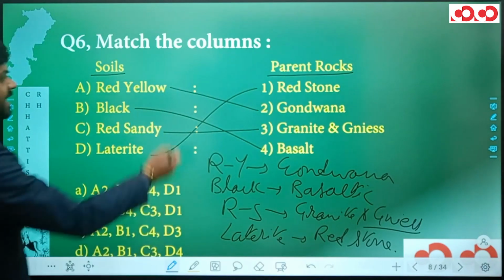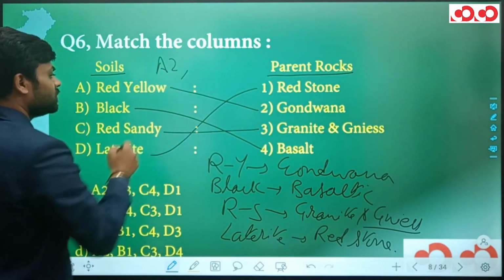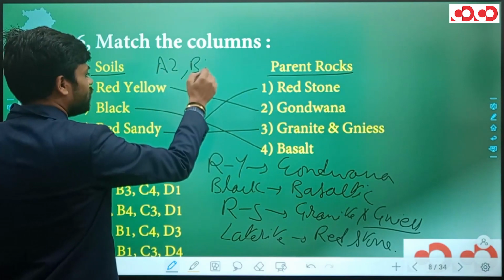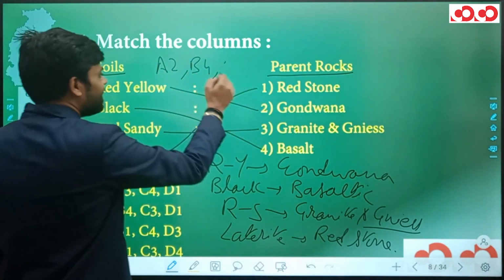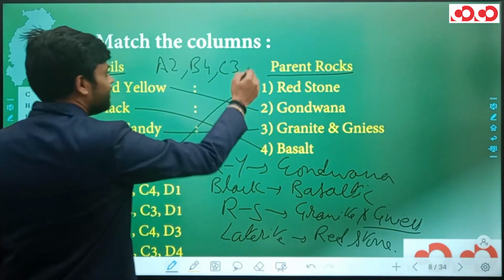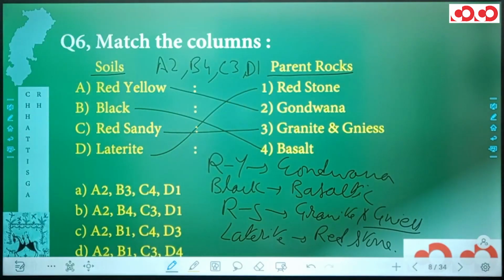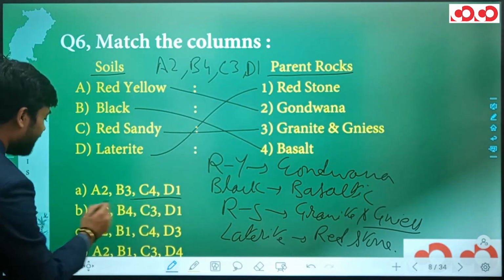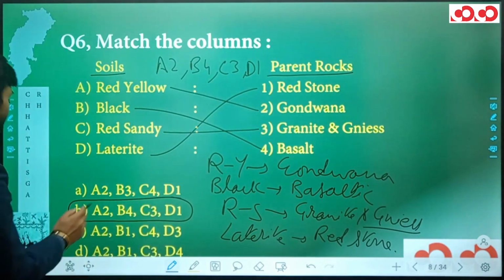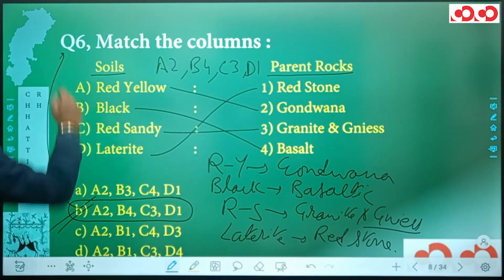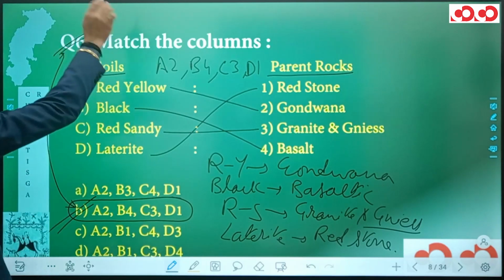Now when forming pairs, we have A2, then we have B4, we have C3, and we have D1. Now looking at the options, in option B, we have A2, B4, C3 and D1, and hence this option B is going to be the correct option for our sixth question.